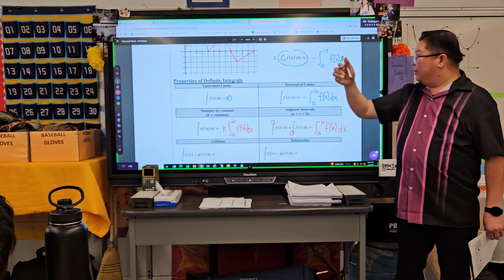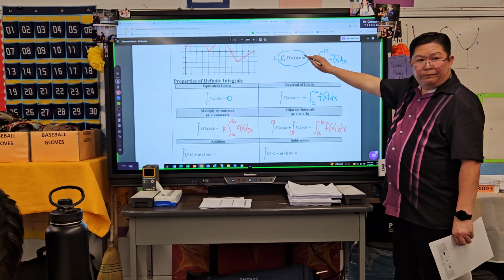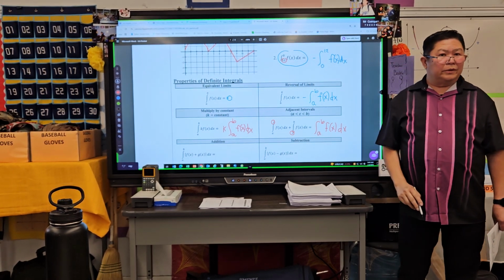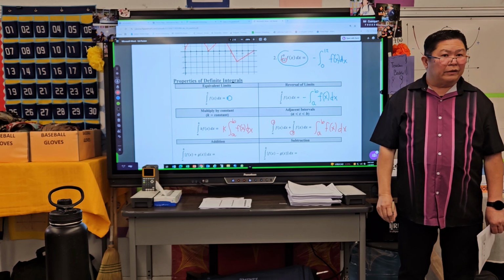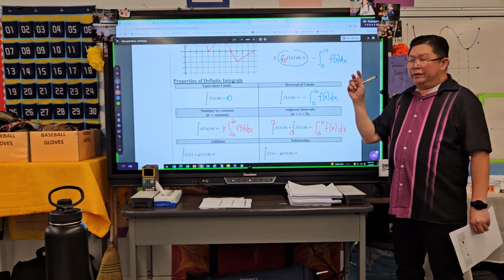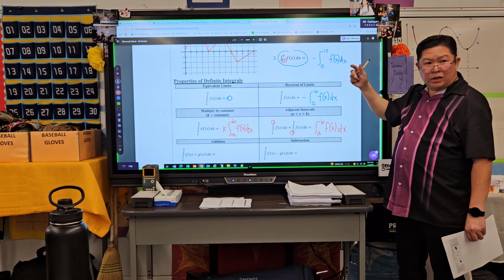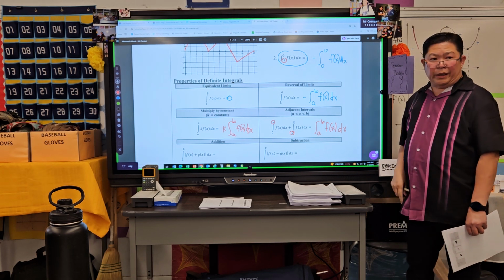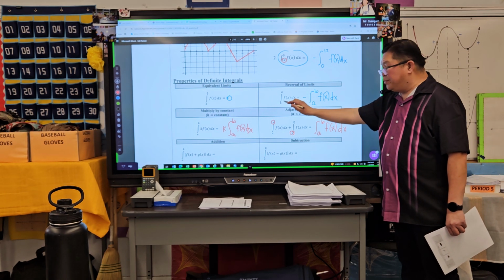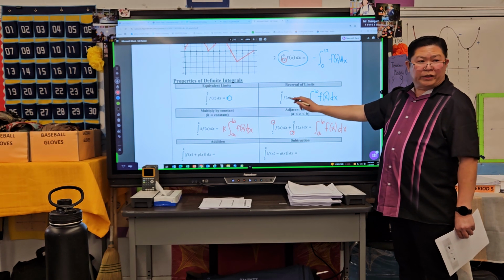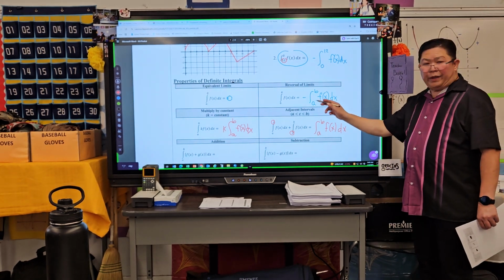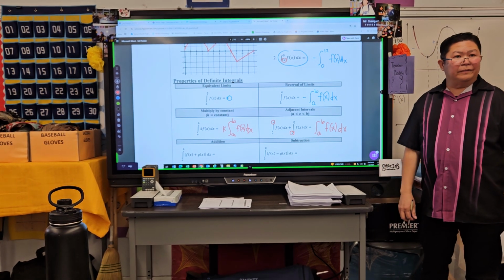For this one, 12 is greater than 0, but it happens that 12 is the lower limit. The idea here is to switch the order and then make it negative. Same thing here, since b is supposedly the upper limit, rewrite this one by doing the negative.